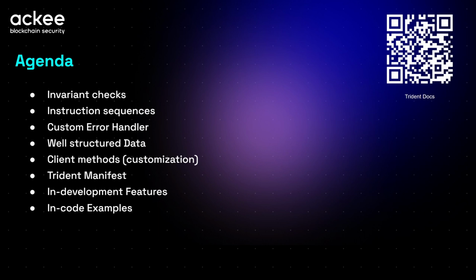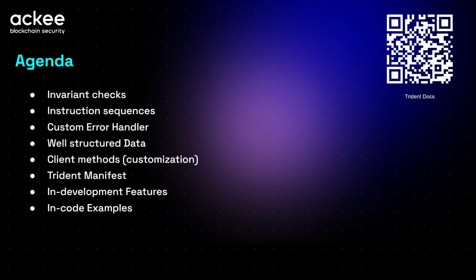Then we have a point about features that are currently in development, so you can look forward to those. And then the last point is about in-code examples, where I will show you examples in code.